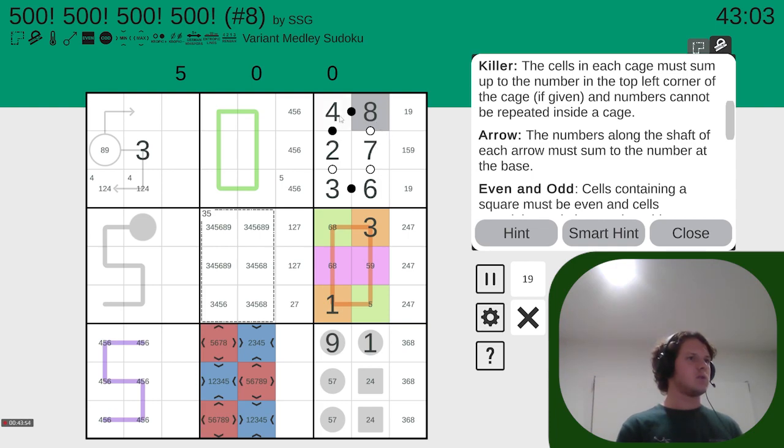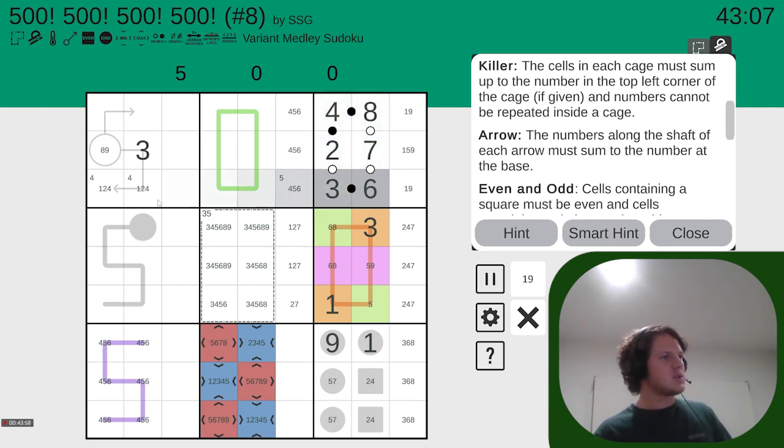So I believe this is wrong somehow, because this cannot happen. Unless that isn't the 3.